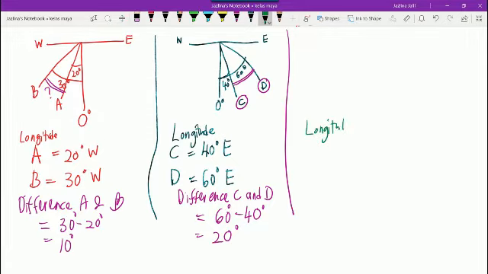And the last example might be longitude of K and L, which is K equals to 20 degree west and L 50 degree east. Not all differences you must minus. For this case, it's better you draw it.